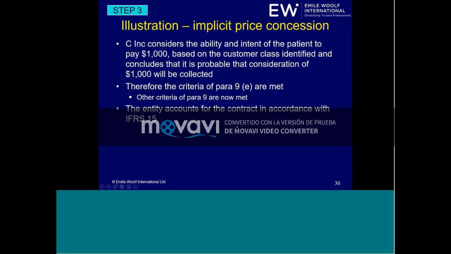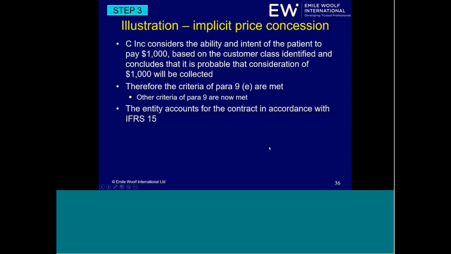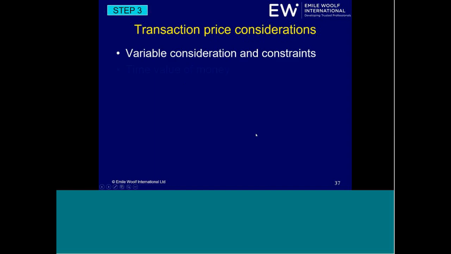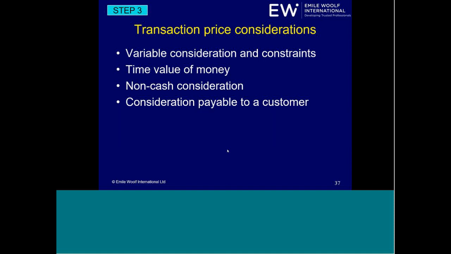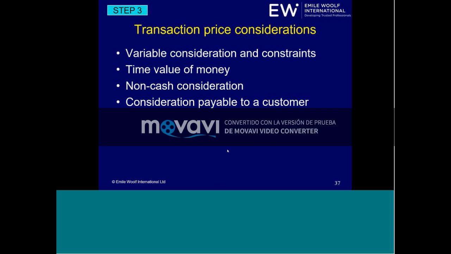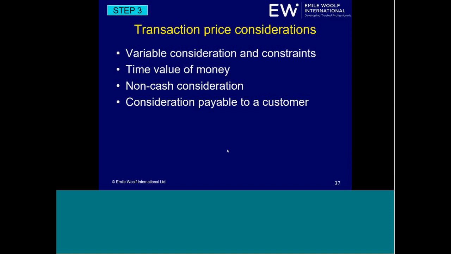Now, variable consideration or price considerations. Variable consideration can arise from rebates, quantity discounts, settlement discounts, performance bonuses, penalties. There's a whole range of ways in which variable consideration might arise, and as we'll see in a moment, there is a particularly important step to constrain, limit the amount. It also allows us to consider time value when there is a significant financing element.